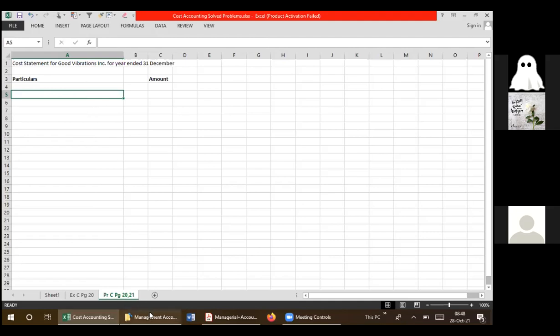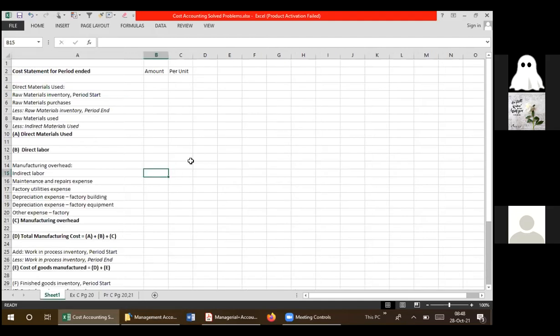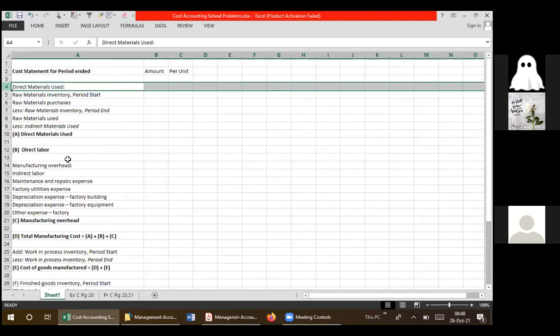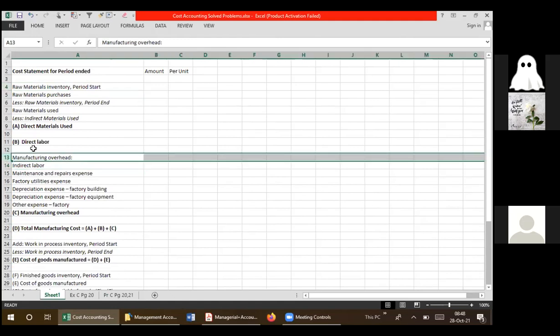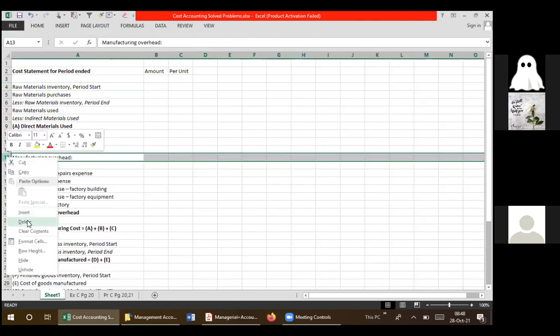So now we start solving it. We will look at the format and then solve the statement, because it has to be in that structure, right? We cannot look at the problem and solve it, because we have to know what comes first. So as per the statement, let's delete some unnecessary items. Manufacturing overhead.